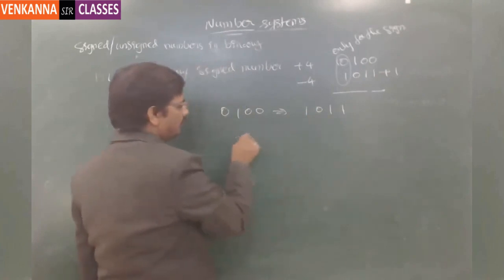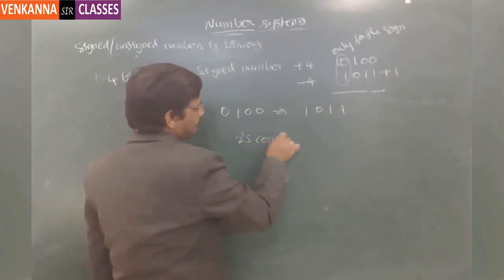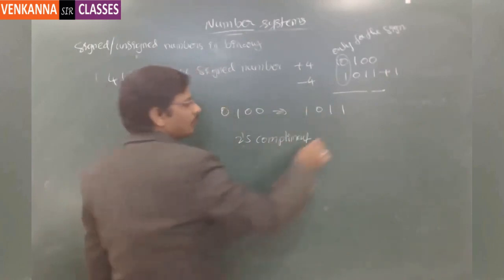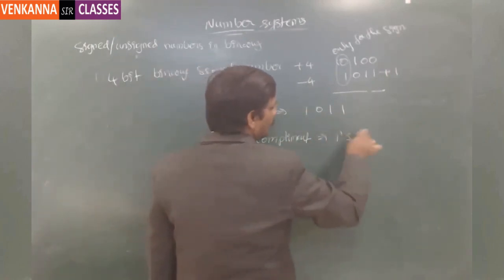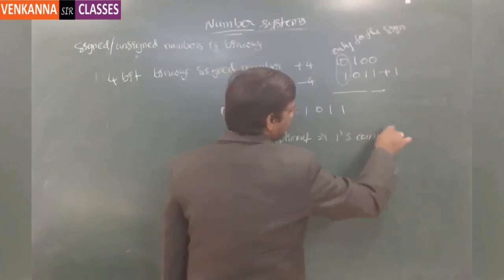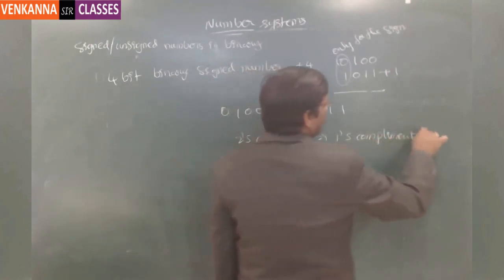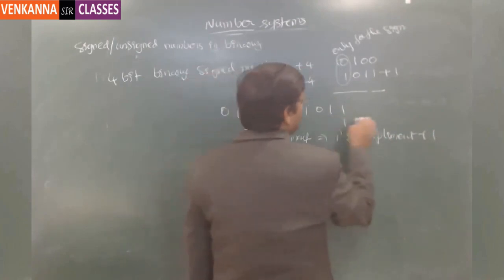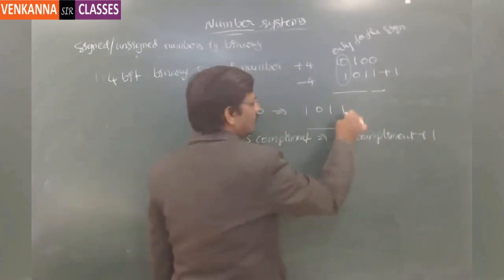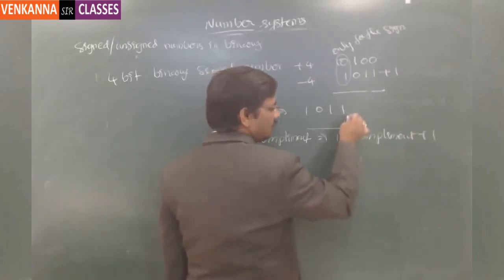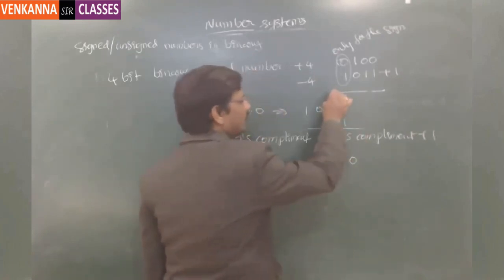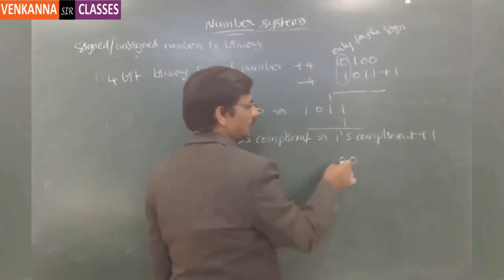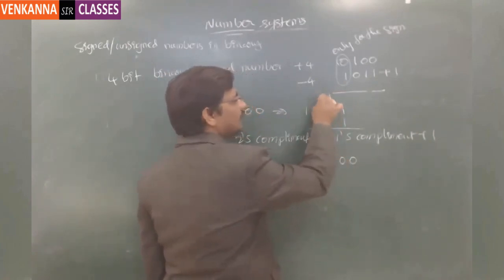Now the 2's complement is, you need to add 1 to the 1's complement. For this 1's complement, if I add 1, then the result is: 1 plus 1 is 1 0, so keep 0 here and keep a carry. 1 plus 1 is again 1 0, so keep 0 here and keep a carry here.